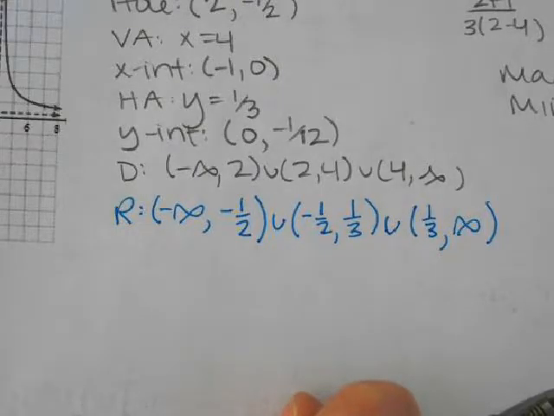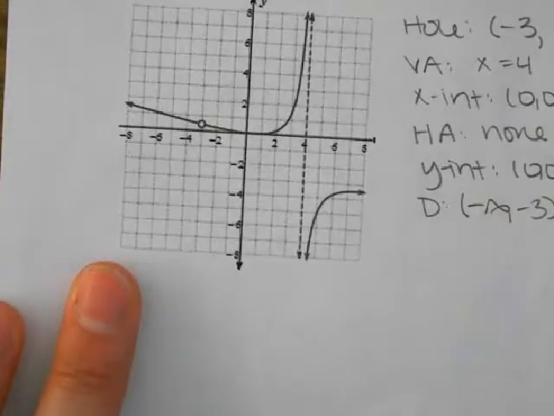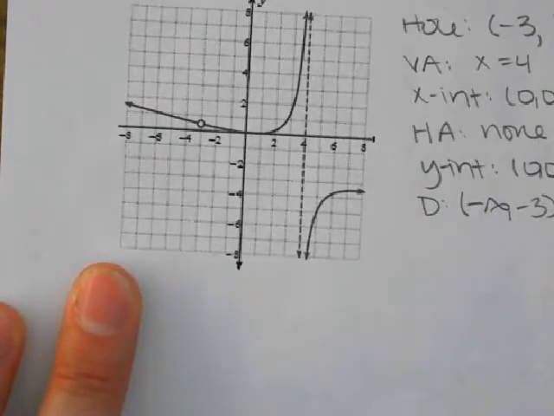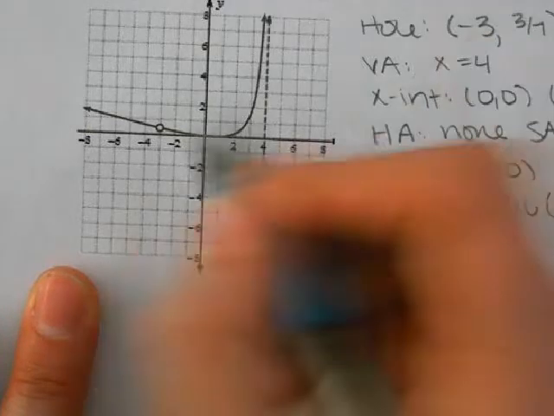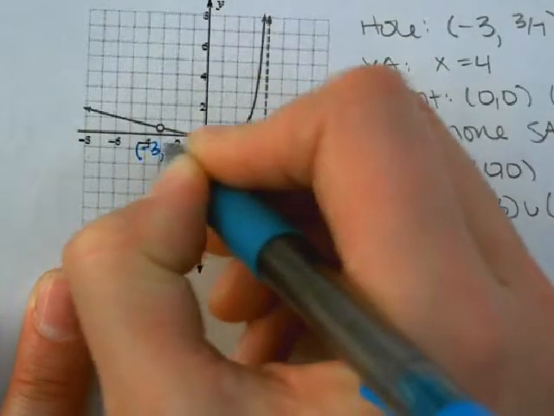Okay, all right, here's the next one. So what are the things that we should probably label in our picture? The hole. We need to label that. We've got -3 3/7.